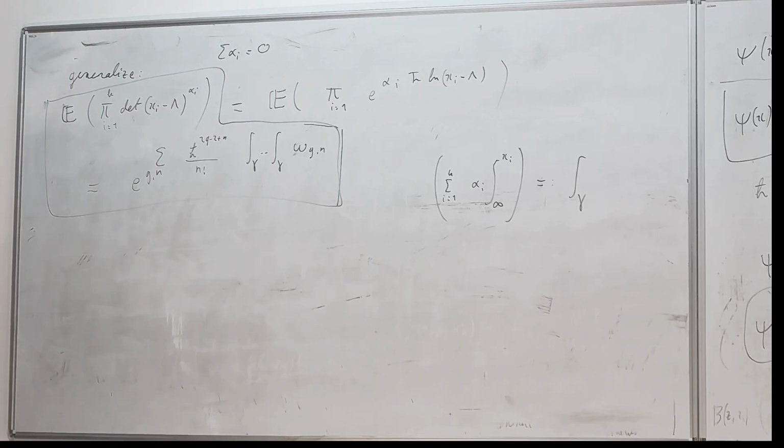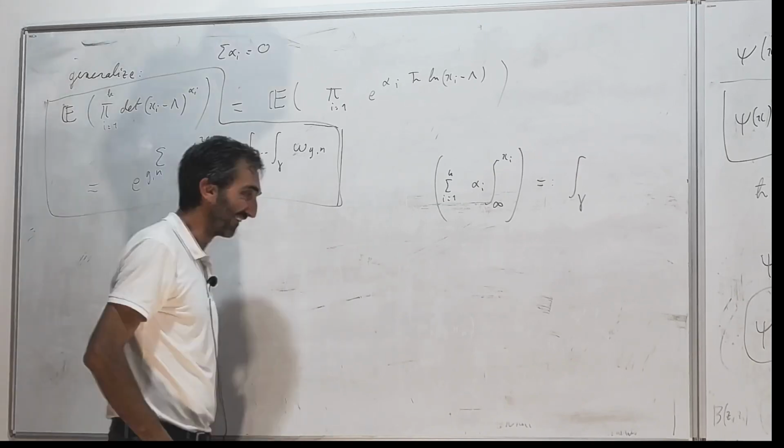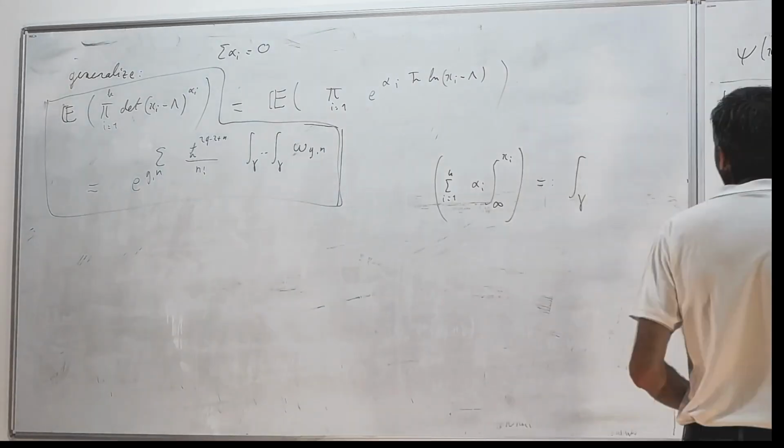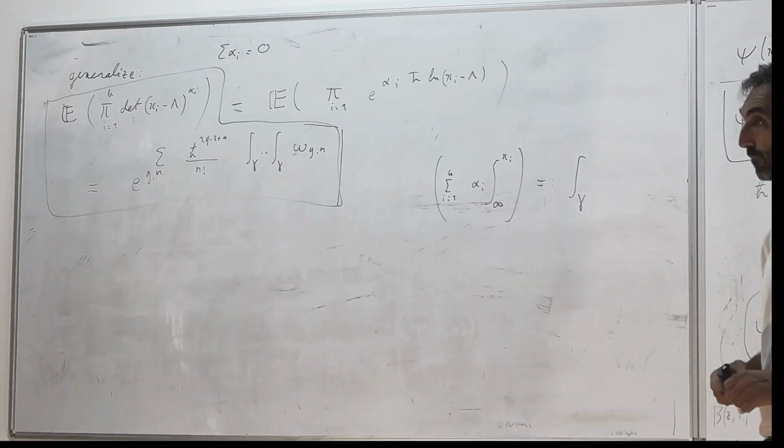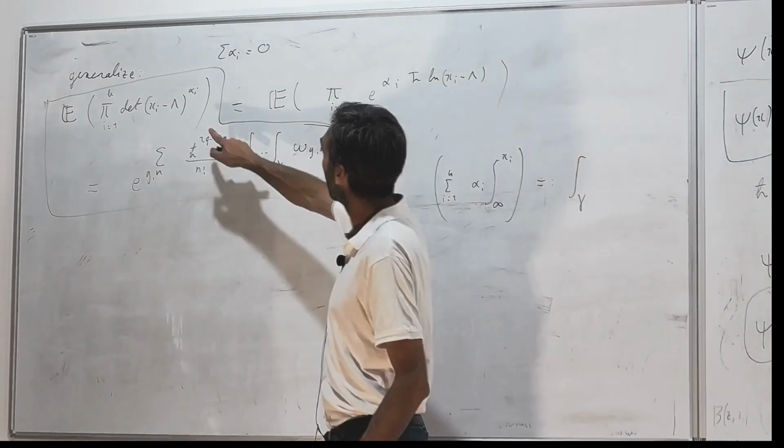Okay. Where did I want to arrive with this? You may wonder. So you can prove this formula for matrix models by just using the fact that the determinant is the exponential of the trace log.